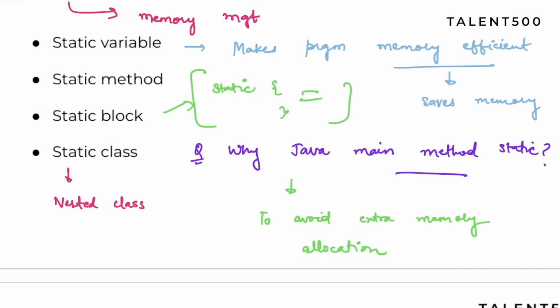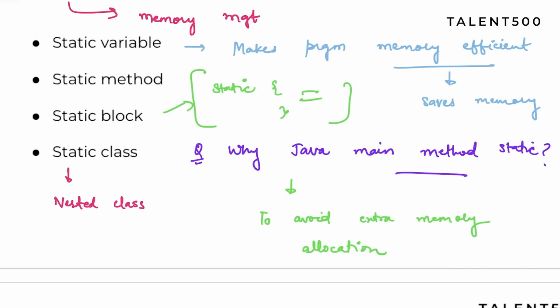Let us say opening a file; you do not want every object to open a file. You can open it once by putting that code inside the static block. Also, if you have static variables and want to initialize them, you can do that in the static block, because that is also done only once.